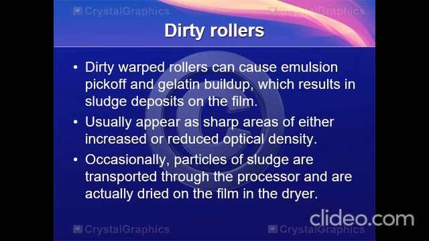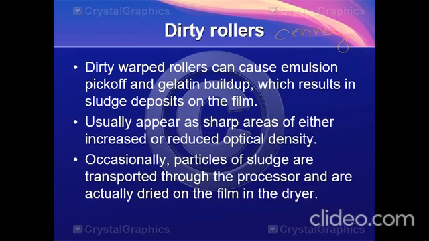Inside an automatic processor, there are rollers. The purpose of the rollers is to convey the film from one section to another, like for example from developer to fixer to dryer, etc.